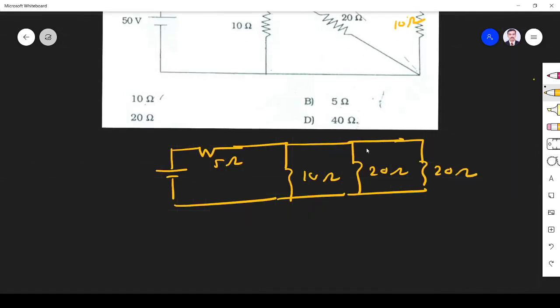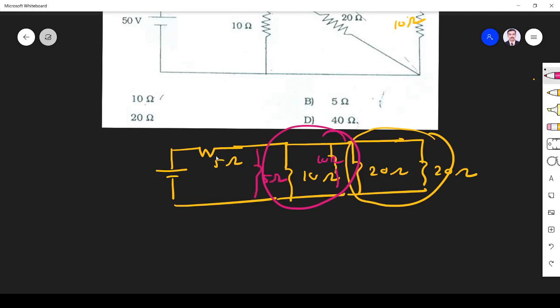You see, this 20 and this 20 are in parallel, so the equivalent resistance will give 10 ohm. Now you see this 10 and this 10 are parallel. So 10 parallel 10 will give 5 ohm. So what is the total resistance? 5 plus 5. So R equivalent across this 50 volt source is 5 plus 5, which is 10 ohm. So option A is the right answer.